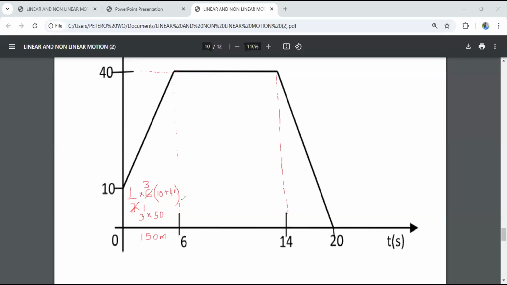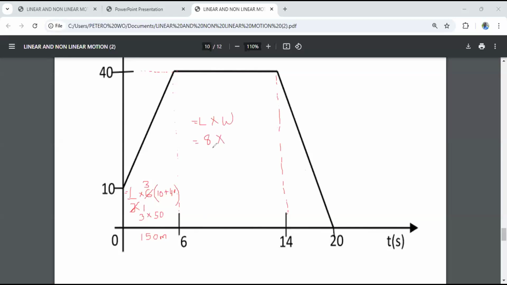Then the second area is a rectangle of length times width. So we have our area as length is the interval between 6 and 14. So it's 14 minus 6, which is 8.